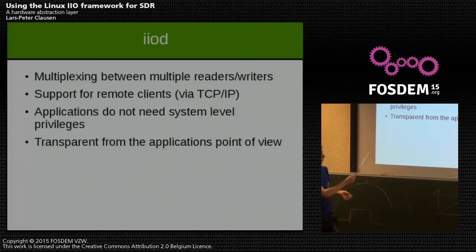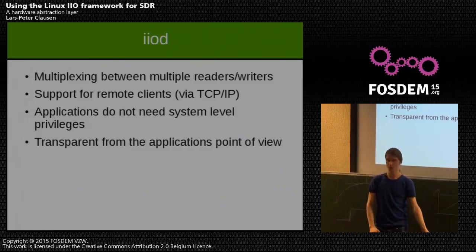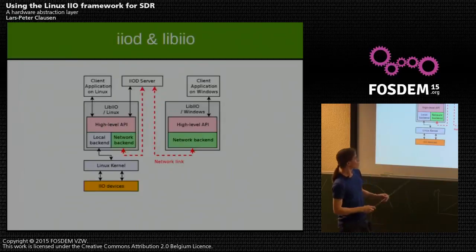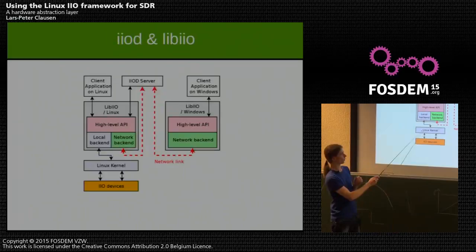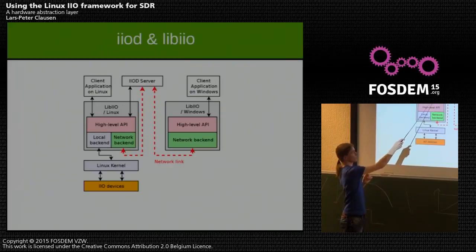And of course, also there's the advantage that you don't need low-level system privileges to access the device anymore. And this is basically just a diagram of how it works. So you have the I/O devices here in the kernel, and the libIO with its local backend and the network backend. And the IOD uses the libIO itself, using a local backend to access the hardware.